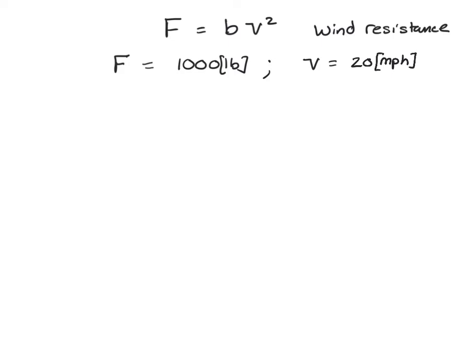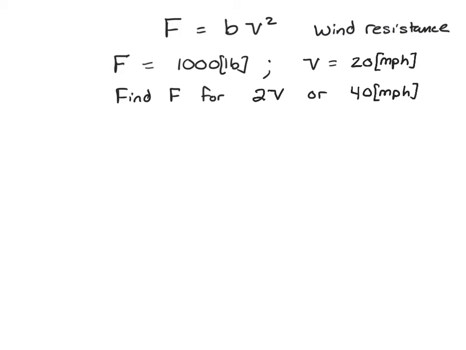So that's the data I have. If I have that data, how much force do I have if I double the wind speed? So I'll say find force for double the speed, or 40 miles per hour.